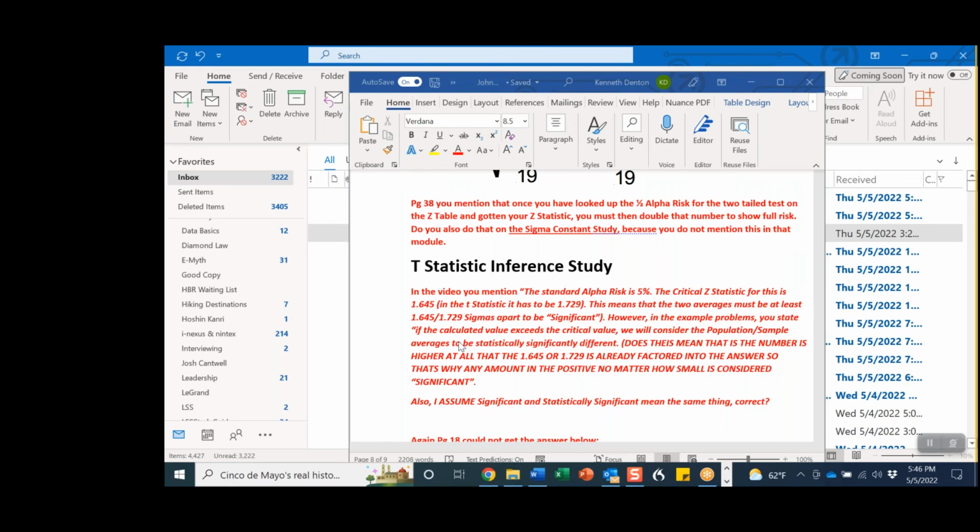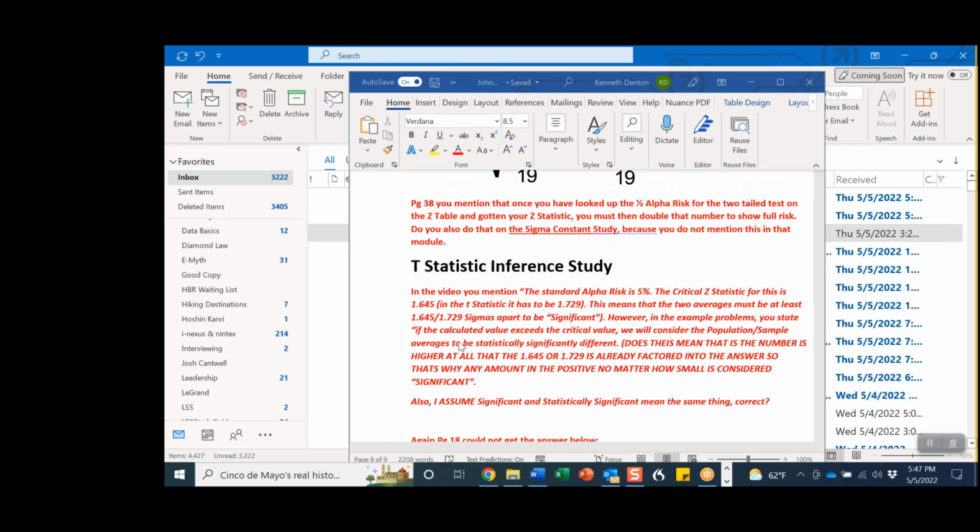Yeah, that's what I'm saying: when you take calculated and critical, the way the statement that you made is that the statistical can be any number higher than the critical, but the 1.645 is saying that it can't just be any number. It's got to be 1.645 or higher over critical. That's what I'm understanding it to say.